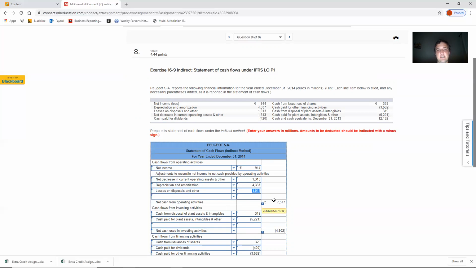Okay, so that's the difference between the indirect and the direct. You're going to get to the same answer, but investors like to see you start with net income because we just turned the page on what our net income was. But we're going to have to do our change in current assets and liabilities, because again, this included sales, didn't include cash from customers.